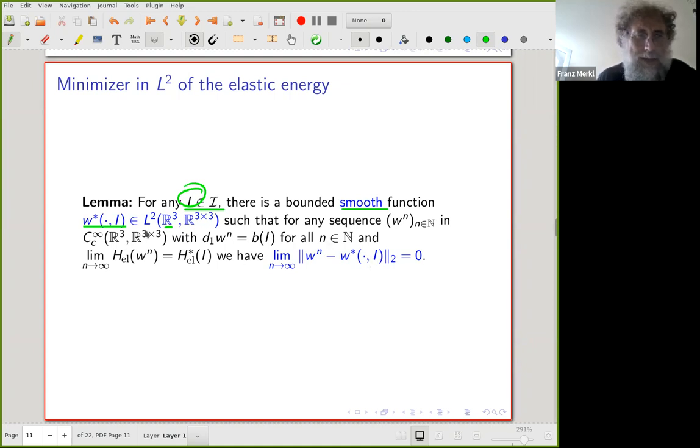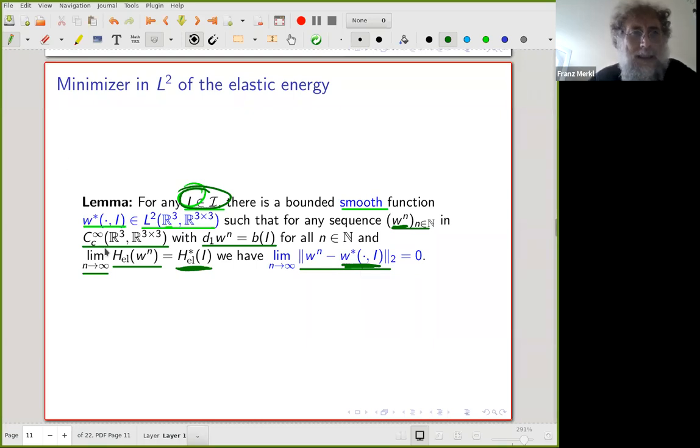It's square integrable, but in general not with compact support, such that for any sequence Wn which has Burgers vector density given by B of I associated to I, and is smooth with compact support, and with the property that the elastic energy along this sequence converges to the infimum of elastic energies for this Burgers vector configuration, then you have convergence of the W's along the sequence to this minimizer.